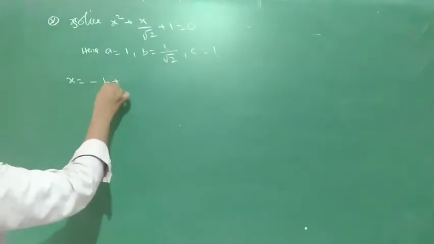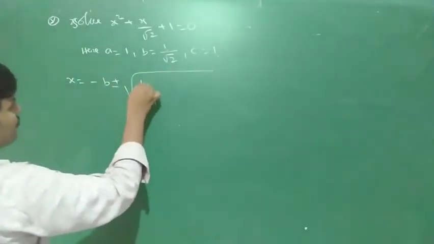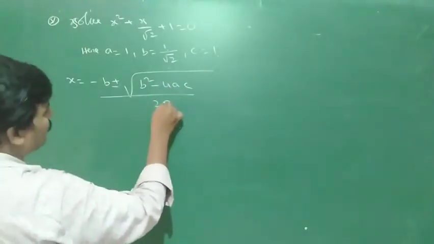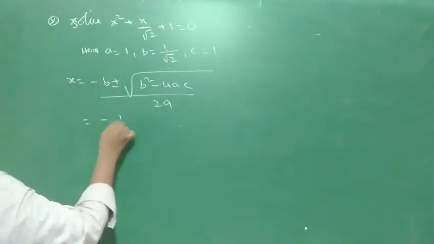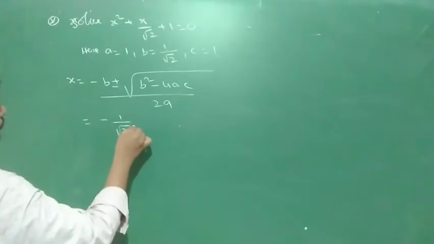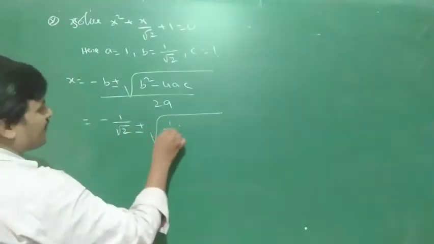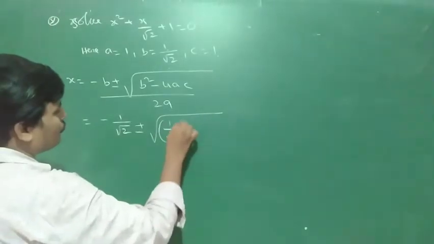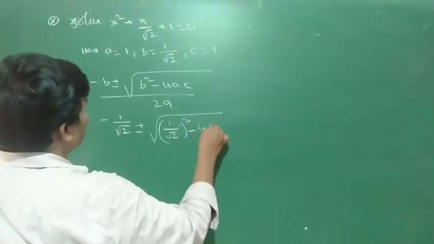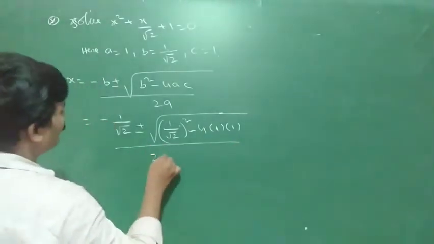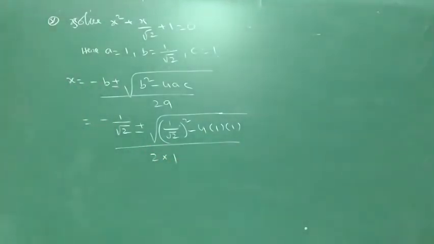What is the formula? x is equal to minus b plus or minus root of b square minus 4ac by 2a. Minus 1 by root 2 plus or minus root of b square, 1 by root 2 whole square, minus 4 into a into c, by 2a. Direct values.